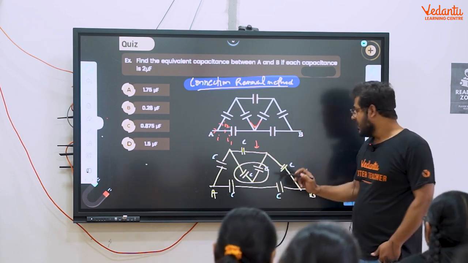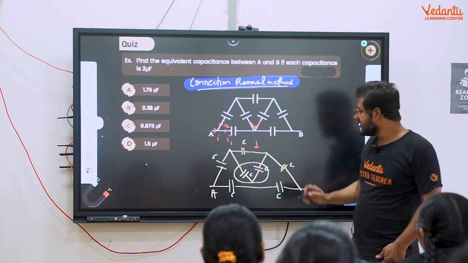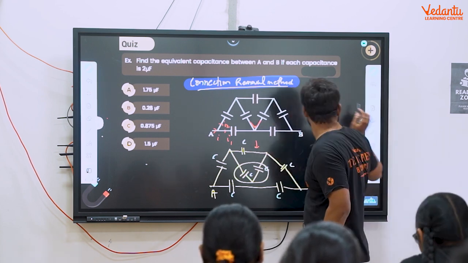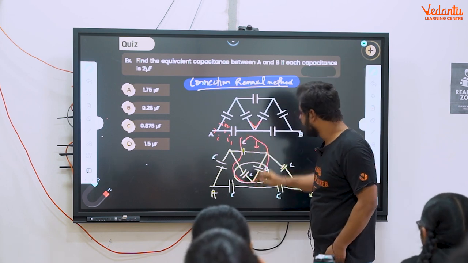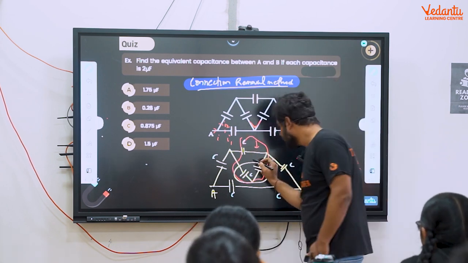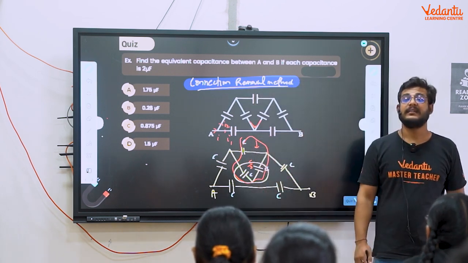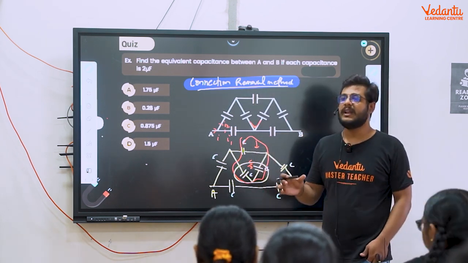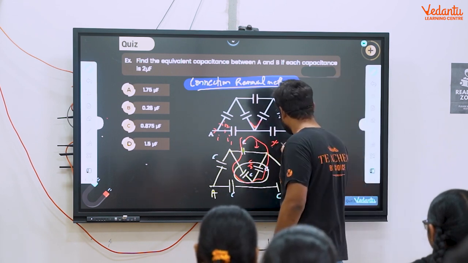C by 2. Now this C by 2 and C are in parallel. Can I say that this one and this entire circuit, this is C by 2 and this is C, they are in parallel. In parallel, we know what will happen? They will get added. So it will become 3C by 2.